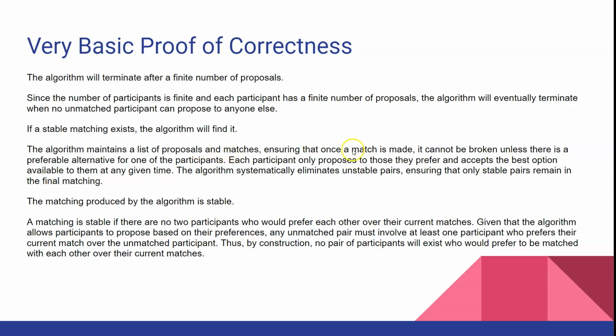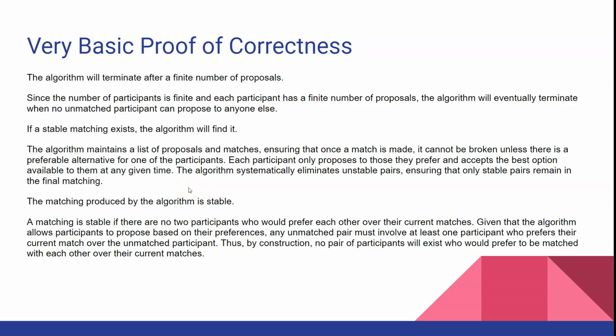So once a match is made, it can't be broken unless there's a preferable alternative for one of the participants. And each participant only proposes to those that they prefer and accepts the best option available to them at any given time. So because of these statements, the algorithm will systematically eliminate these unstable pairs. So only stable pairs will be remaining once it finds a matching.